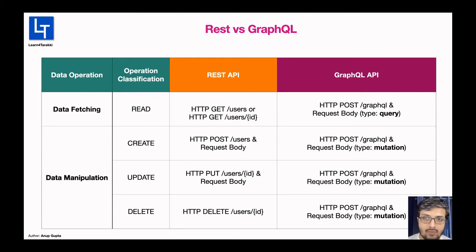So in the GraphQL world, the call will always be HTTP POST on the /graphql endpoint. The only change that happens is in the request body, the GraphQL query. For the read operation, the GraphQL query is of type query. For other operations, create, update, delete, the type is mutation.